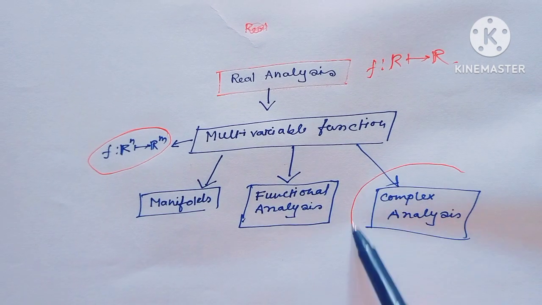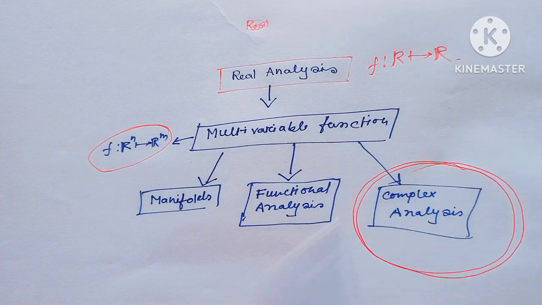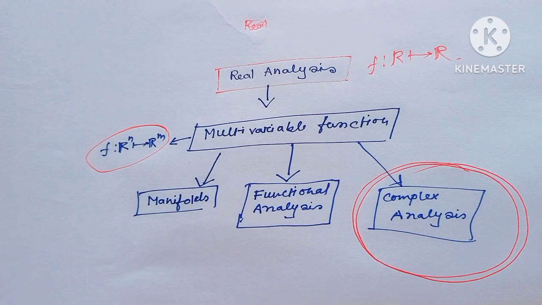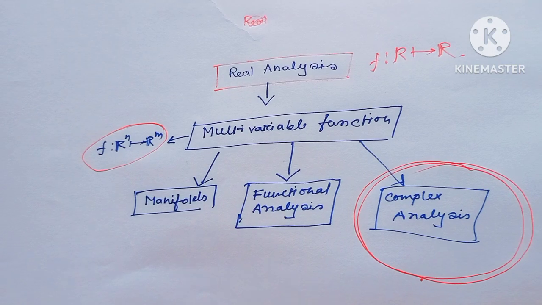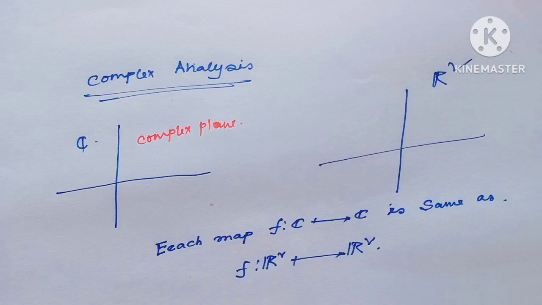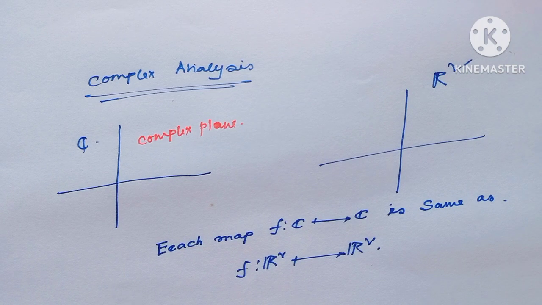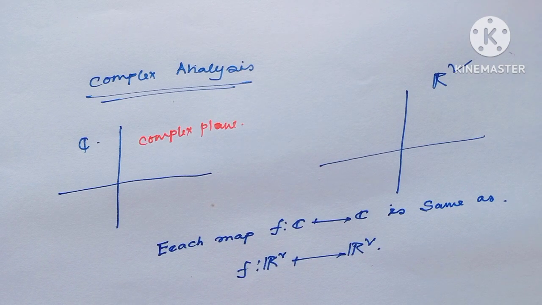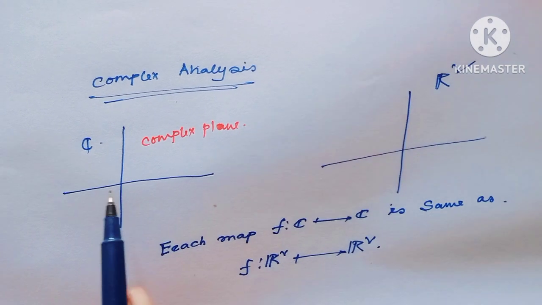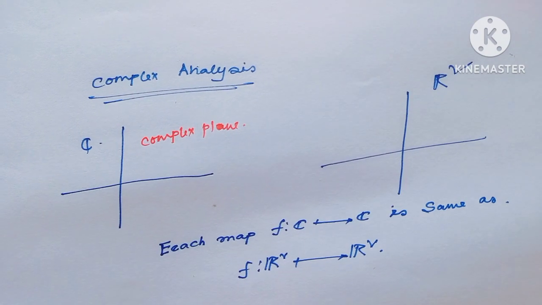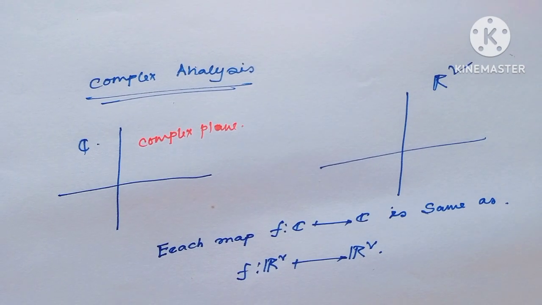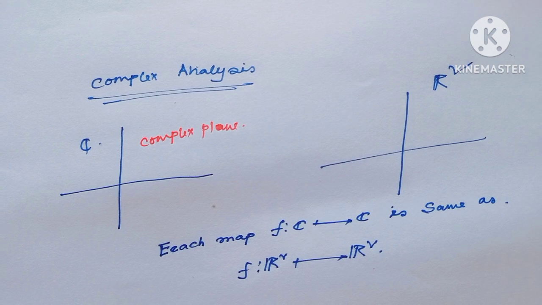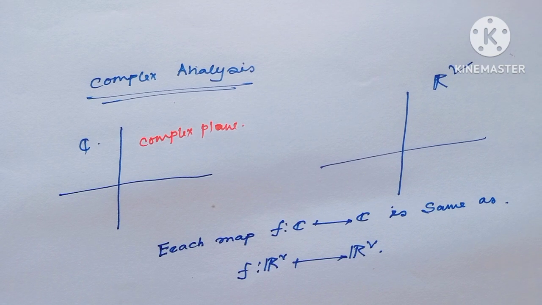And actually our discussion about complex analysis is a branch of multivariable functions. Complex analysis is defined on the complex plane, where this is the real axis and this is the imaginary axis. Complex analysis is always equivalent to R2, a mapping from R2 to R2.